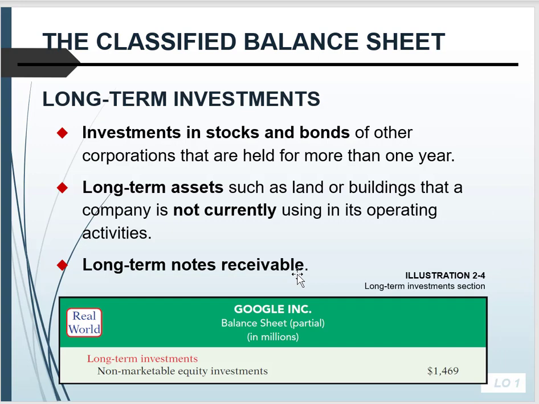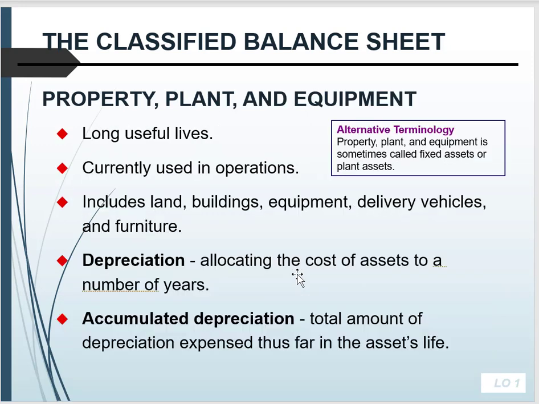Long-term investments are things like stocks. Plant and equipment could be in here, but sometimes they talk about land or buildings that we're not using for operations. It's just buildings and things that we own that we're not using in the business itself. Plant, property, and equipment hopefully are pretty well defined. We're currently using these things. We have a system of accounting called depreciation.